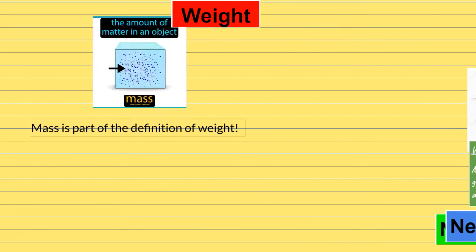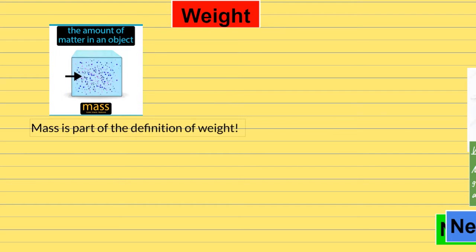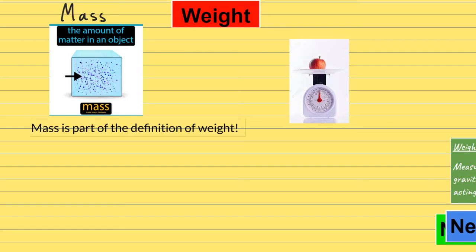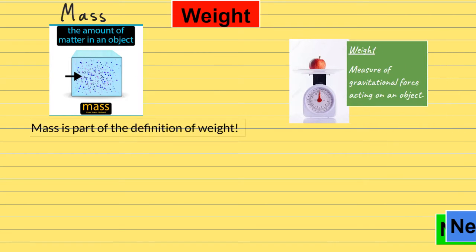So mass is just the amount of matter in an object. Whereas weight is a measure of the gravitational force acting on an object. Okay, so weight will vary depending on the gravitational force, but mass will not.